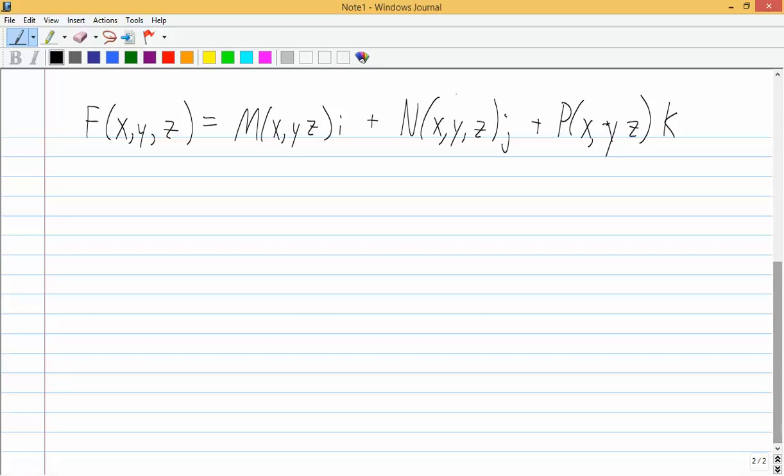All right, so an electrical force field has the same form as a gravitational field. Such a force field is called an inverse square field.